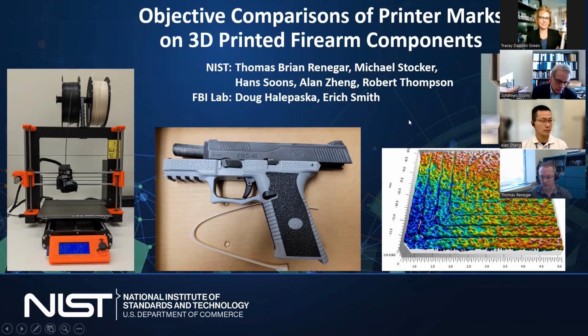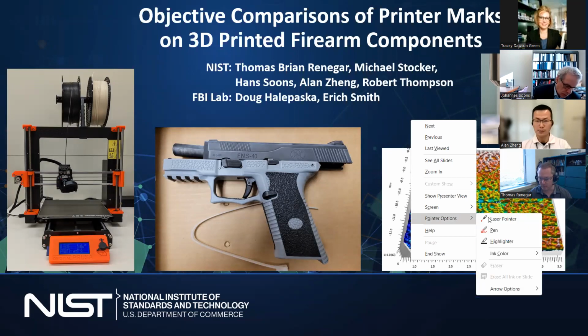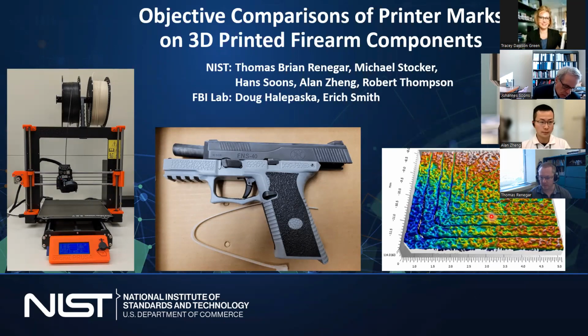So you can see a 3D printer on the left-hand side here. This is a typical 3D printer that one might see these days. It's based on an FDM technique, so it's fused deposition modeling.